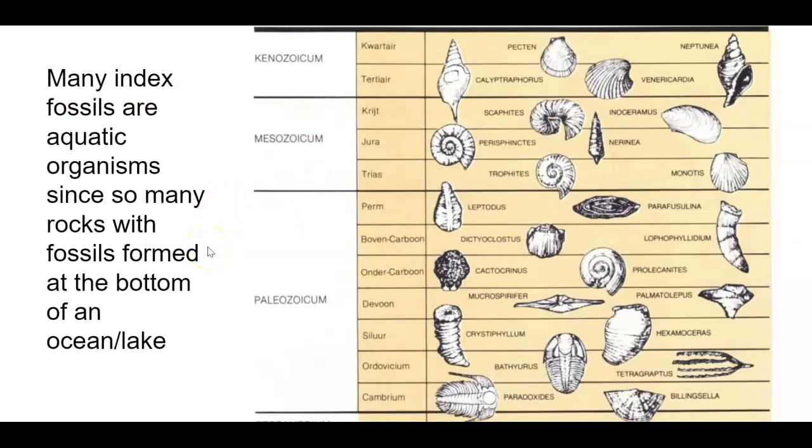Many index fossils are aquatic organisms, since so many rocks with fossils formed at the bottom of an ocean or lake. Remember how sediments settle, and at the bottom of an ocean or lake, they aren't disturbed. So that's why we have so many index fossils that are things that lived in the water. Often many of these creatures have shells, because the shells also tend to form nice fossils.